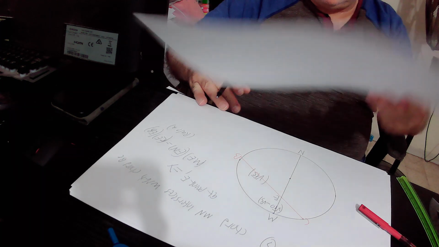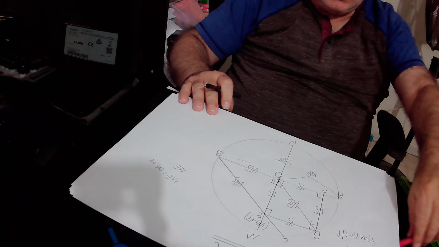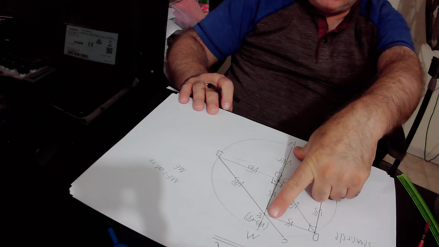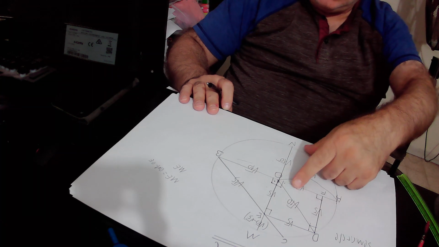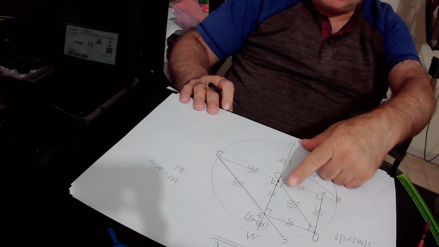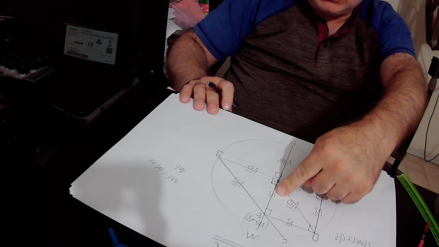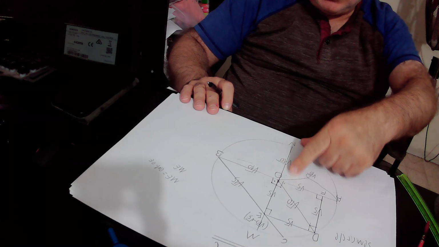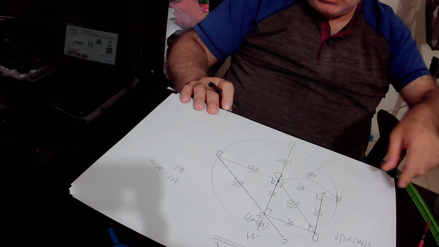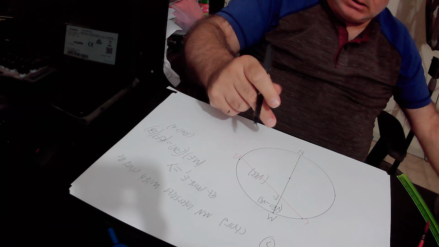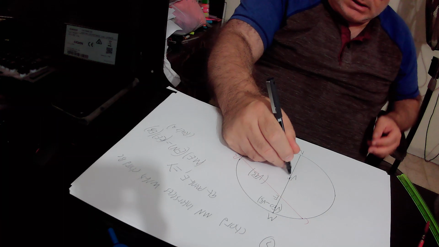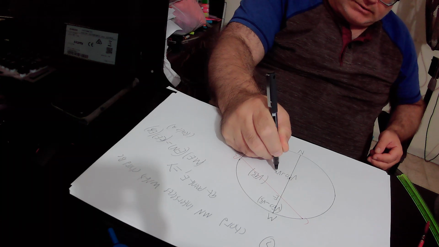From the original drawing, it is very easy to see that EN equals EO plus ON. So EN equals EO, that is square root of 5, plus ON, that is square root of 10 units.